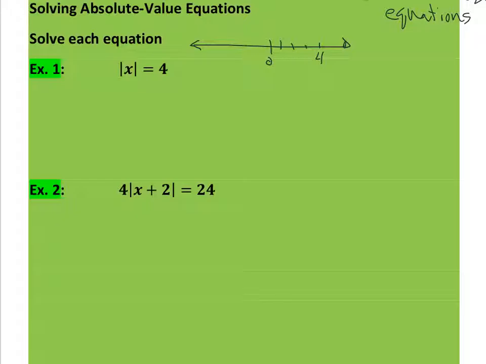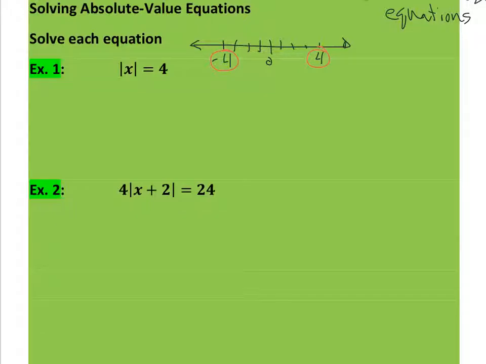If we go 4 units to the left of 0, that puts us at -4. So the answer is either 4 or -4. Those are the 2 values that are exactly 4 units from 0 on the number line. So that stands to reason.